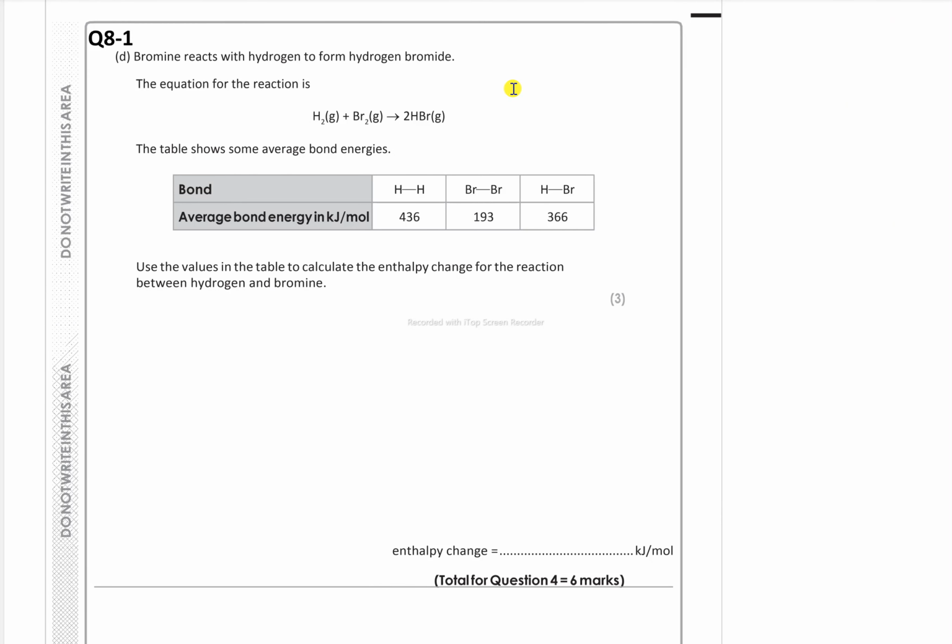Right. It's a bond energy one. It is going to be tricky. Right, okay. Let's try to make sense of this. You've got hydrogen, because it's diatomic. It runs around in pairs. So it's got hydrogen to hydrogen bond.